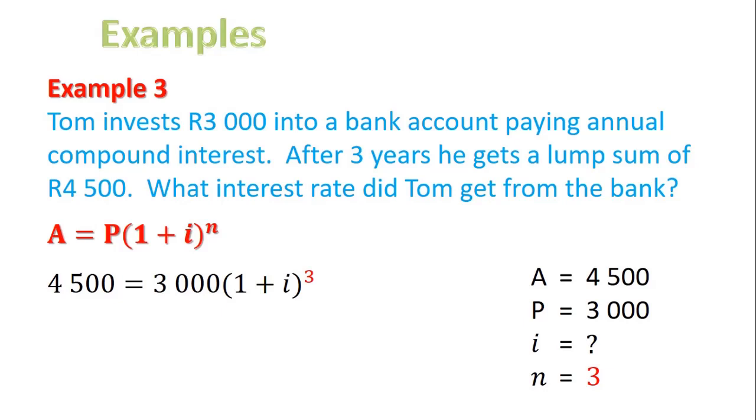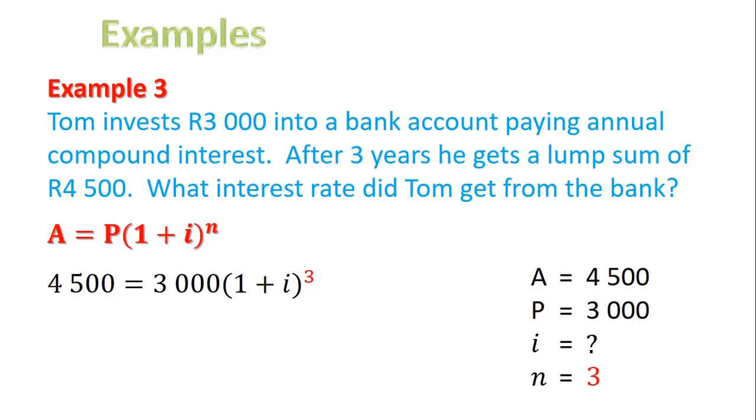Excellent. Now we have to solve for I, and we have to do quite a few steps to do this, so watch carefully. My first thing that I have to do is to get rid of the 3,000 Rand in front of the bracket.